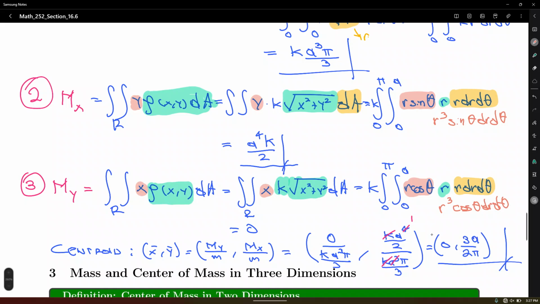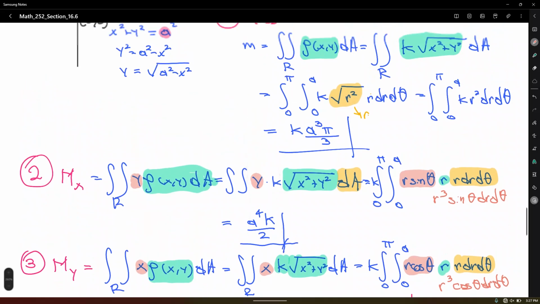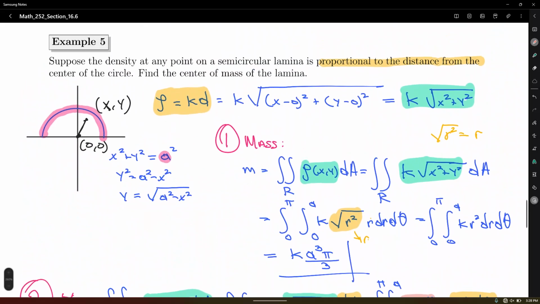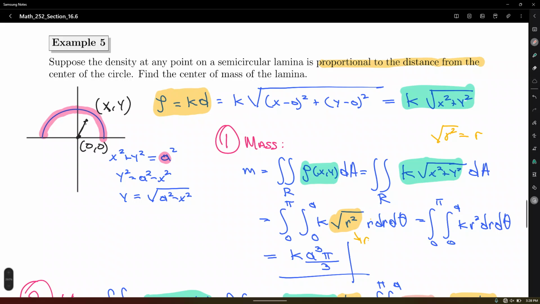Well, let's make sense out of this result. Notice the center of mass is 0 for the x coordinate, and it only goes along the y-axis. Well, that's because look at the region. Actually, my semicircle is not perfectly symmetric about the y-axis, but it makes sense to place a pin somewhere here to keep this circular planar lamina in balance.